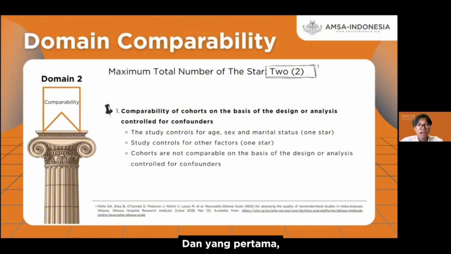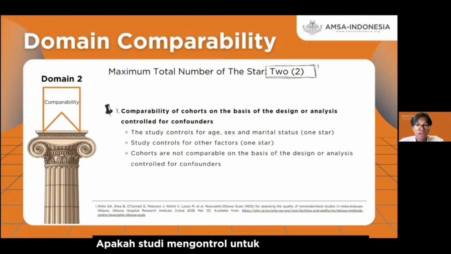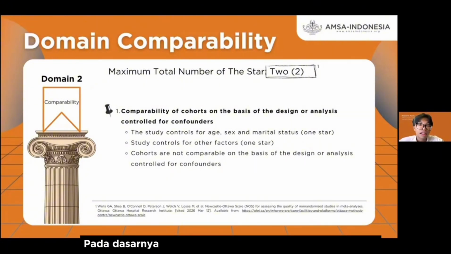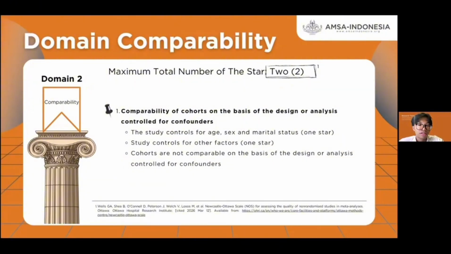And the first one, does the study control for basic factors like age or gender? That's 1 star. And does it go further and control for other specific variables? If so, add a 2nd star. Basically, the more they reduce bias through things like regression and/or stratification, the better.